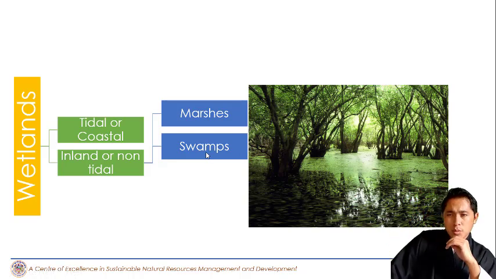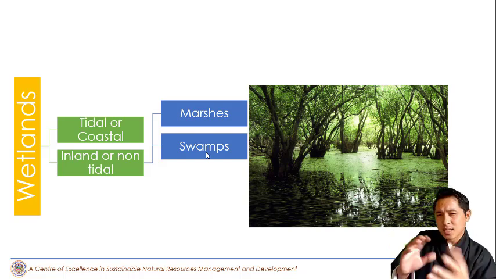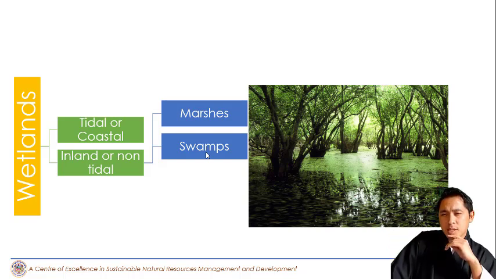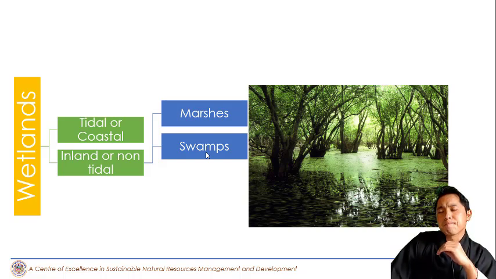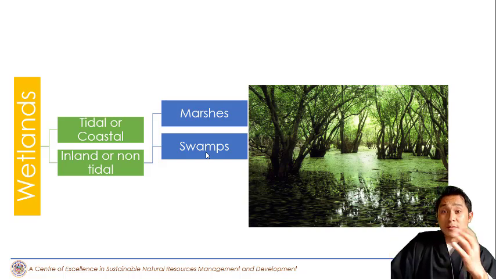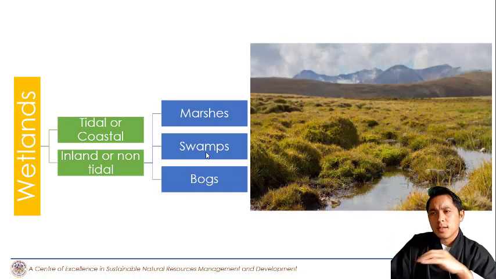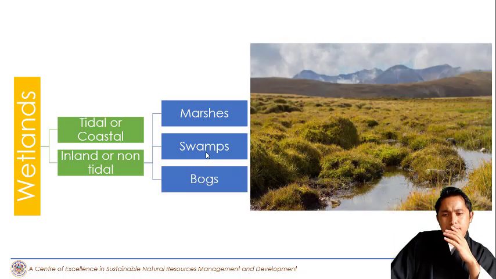Sometimes it's also called an extension of forest inside the water. It's basically the junction between water and forest. Wetland is basically a junction between water and land, but specifically this one is a junction between water and forest. So you'll basically find the forest characteristics and water area. So that's swamp.